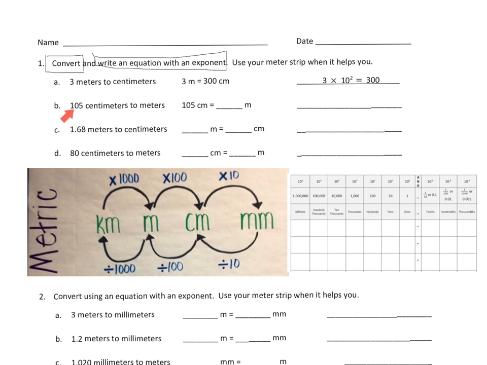They want us to convert 105 centimeters to meters. So if I'm at centimeters right here and I have to convert to meters, I'm going to be dividing this number by 100. I'm dividing 105 by 100 to figure out meters. On the place value chart, let's go ahead and write 105.